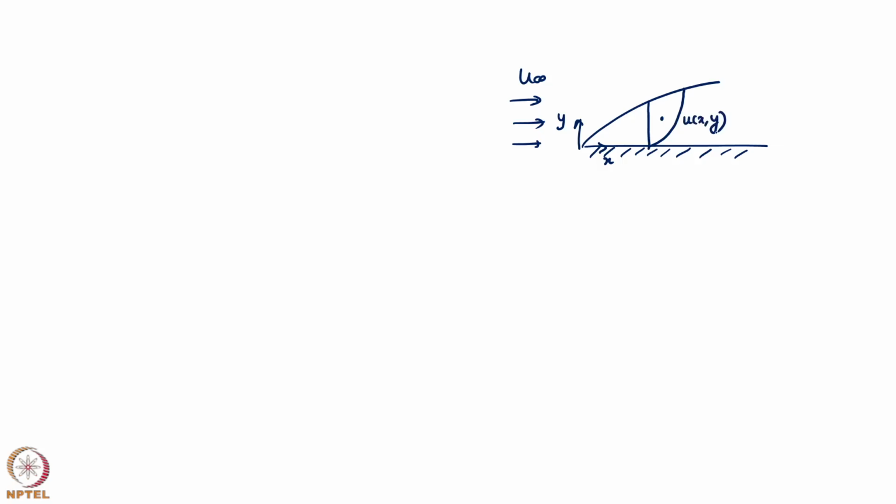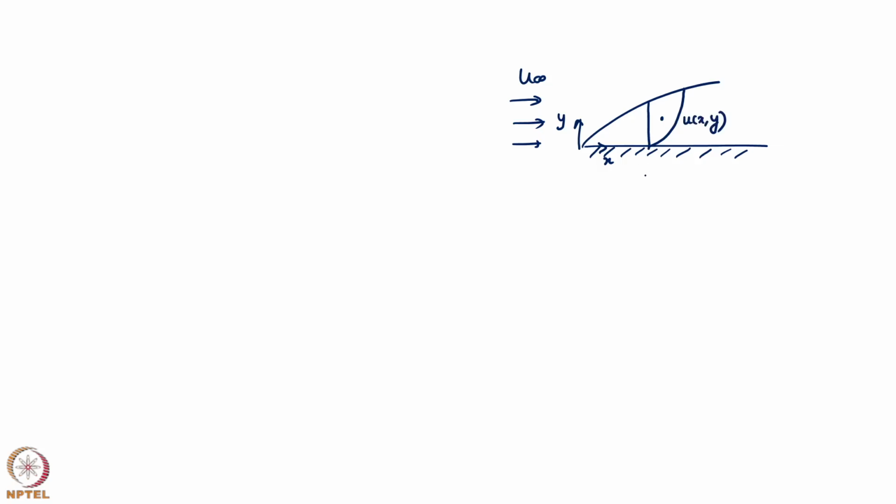For example, if I am talking of a flat plate, this is just to put things together. This is my y axis, this is my x axis, this is my u infinity. The velocity is a function of x comma y.